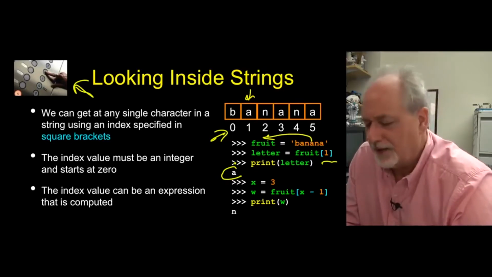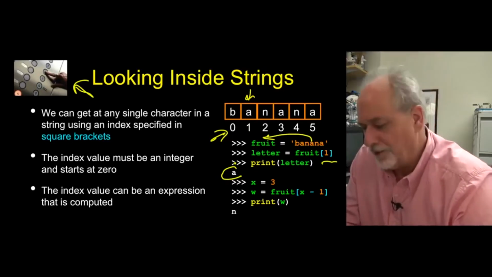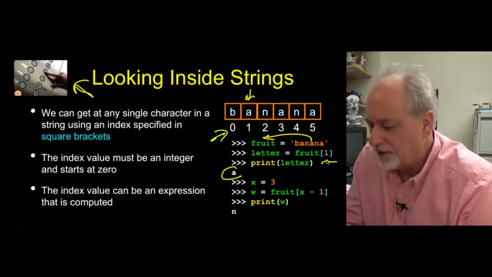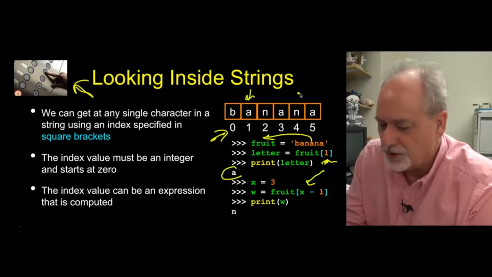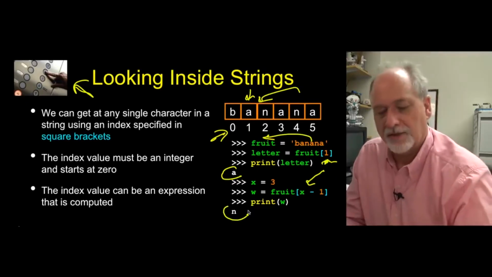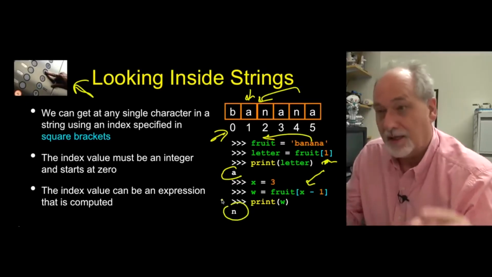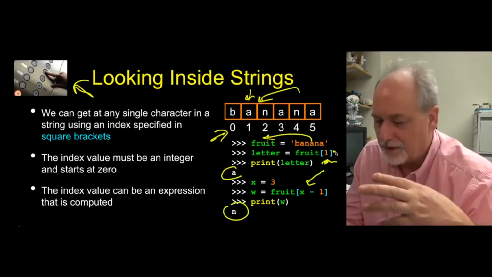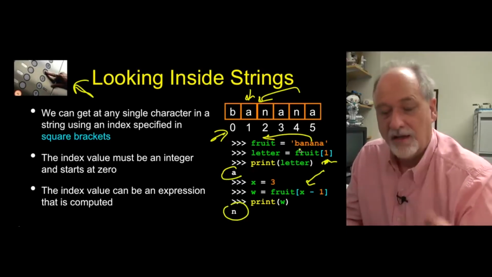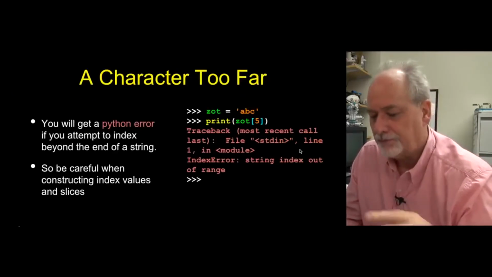Of course, that's either a well-chosen variable name or a badly chosen variable name. And the thing that goes inside the brackets can either be a constant or it can be an expression. So if x equals 3, then fruit sub x minus 1, well, that means 2, which is position 2, which is an n, and so that gives us an n. So the index is an operator, and you can add this bracket syntax to the end of a string variable.